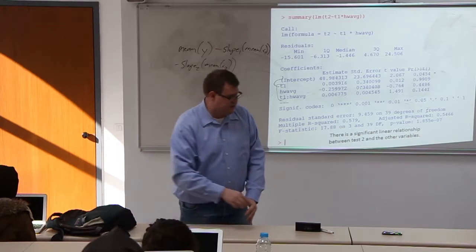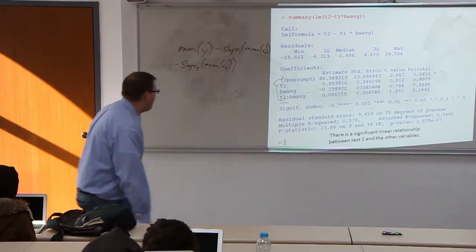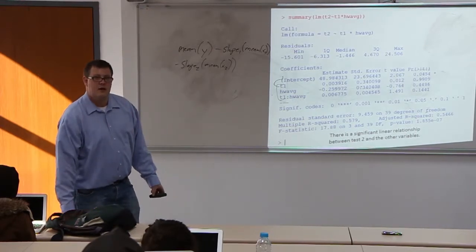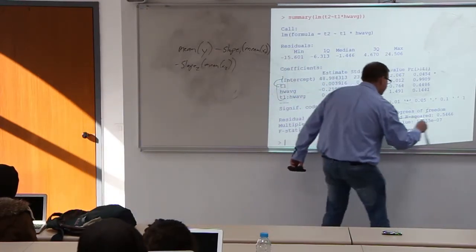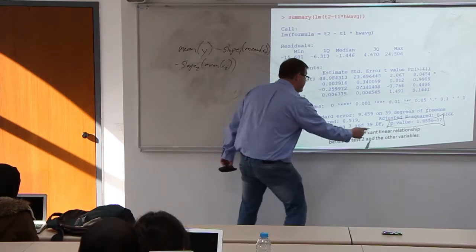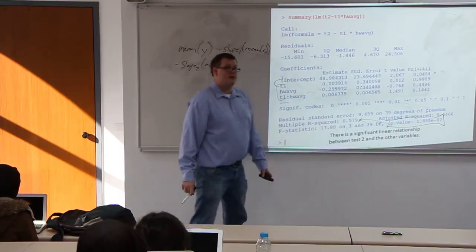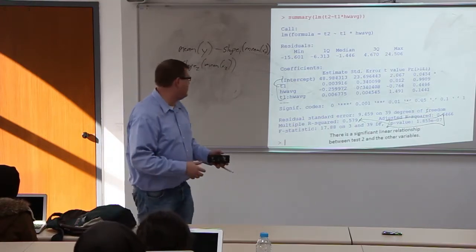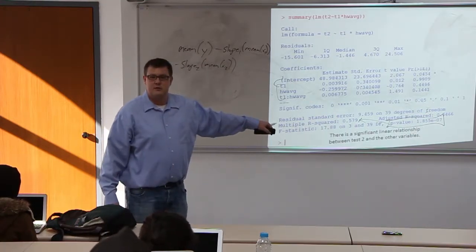Now, the interesting thing is, is this significant or not? Significant. This is significant. So the p-value right here tells us that there is a significant linear relationship between test 2 and the other variables.